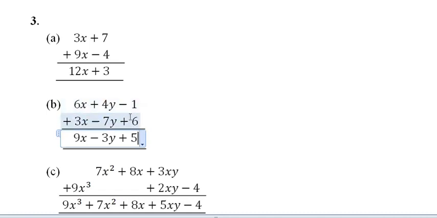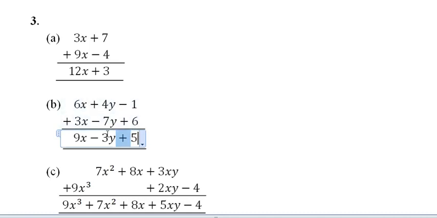In this case, we will write the sign of the number which is greater than the other number. So the sign of 6 is positive because 6 is greater than 1. So we will write the plus sign here, and 6 minus 1 will be 5.